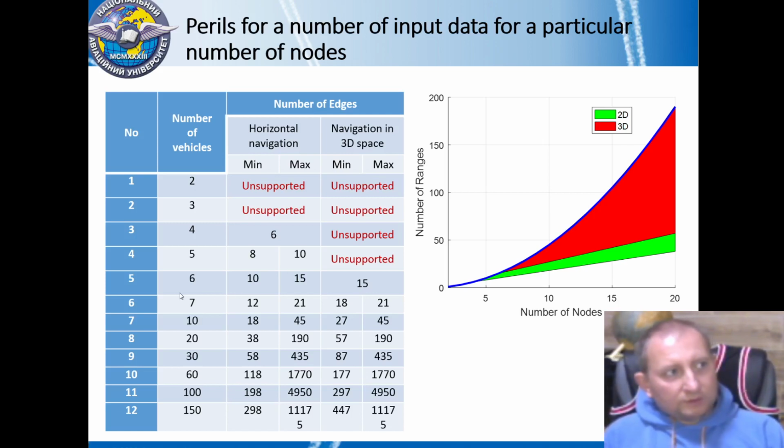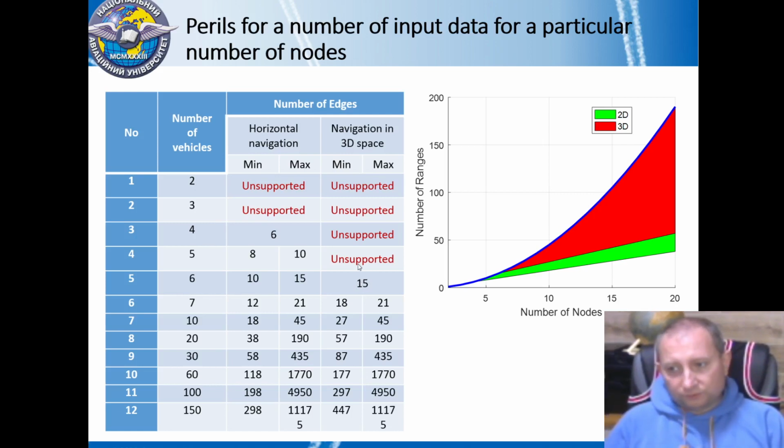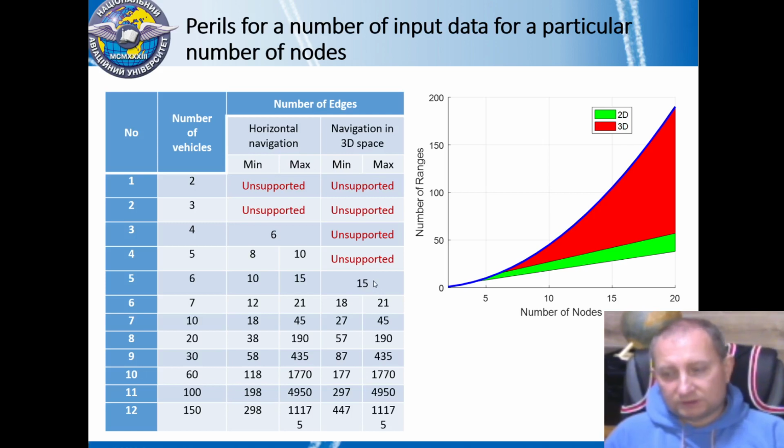Also, in the case of a 6-vehicle colony, three-dimensional navigation is possible. We need to know all 15 edges, or all ranges between any vehicles in the network, to count 3 coordinates, x, y, and z.